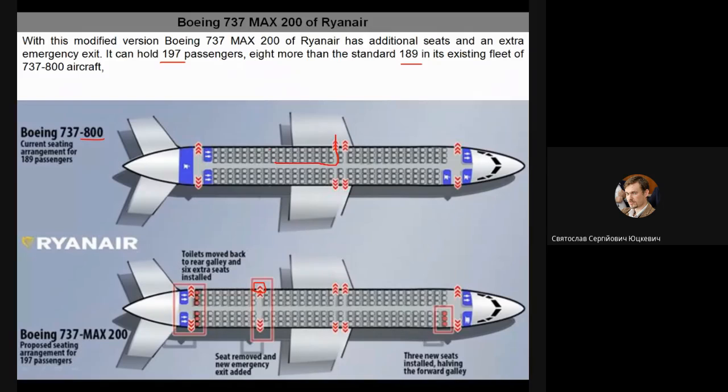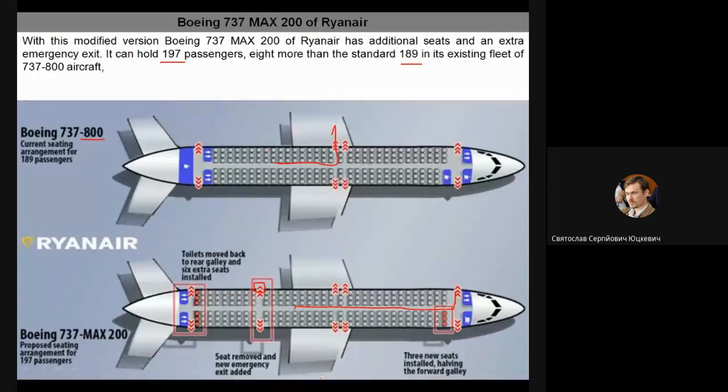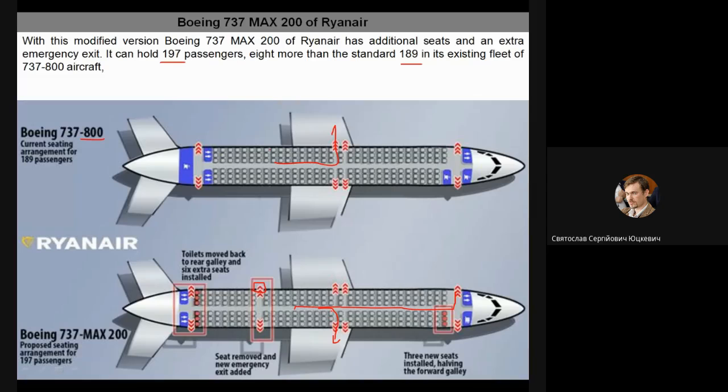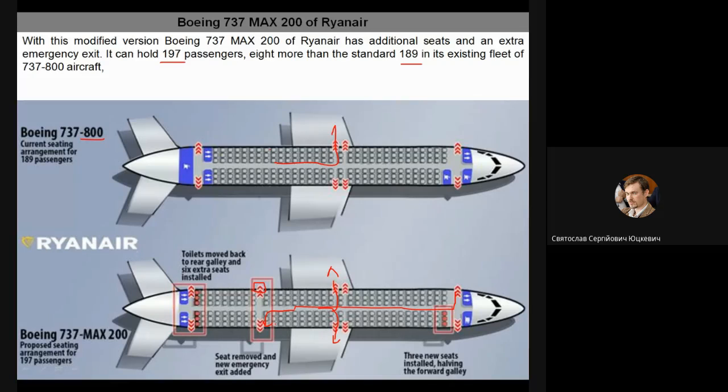It is possible to imagine that some of the passengers will go to the forward exit to try to evacuate, but the consideration in our regulations will be next. All passengers will be evacuated through the nearest emergency exits.